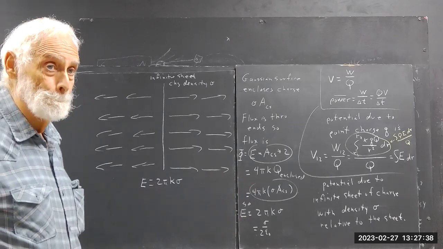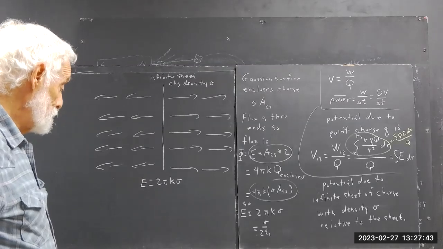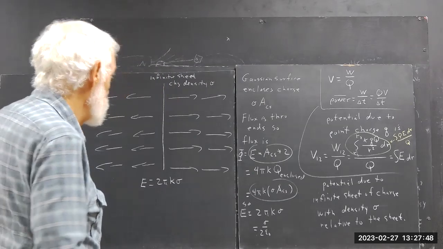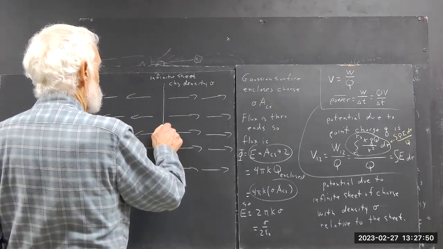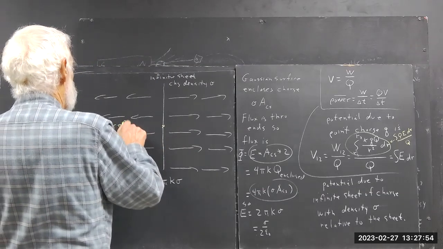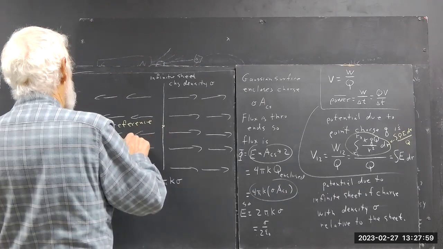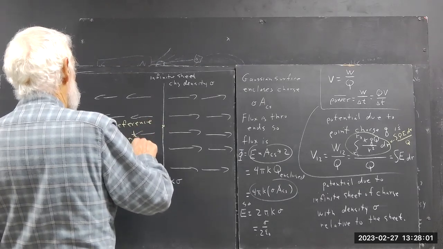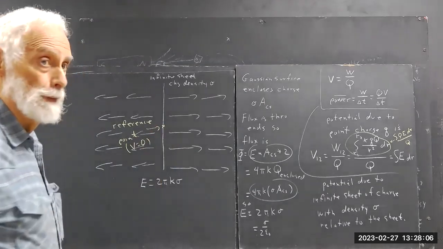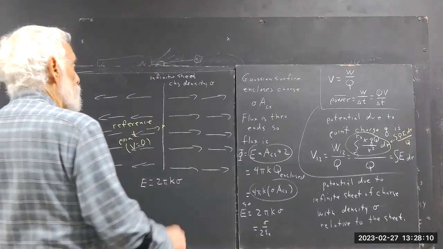What's potential? Now, potential is relative to the position of the charge. So you want to calculate the work. This is your reference point, V is 0. Now we move out to a point here.